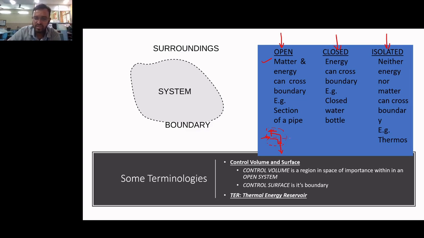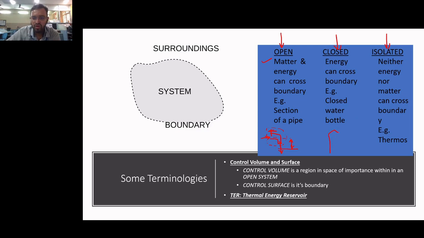Your tap is at this height, and it eventually comes down to this height. So obviously there is a change in energy level, right? Your potential energy changes to kinetic energy, isn't it? So there's mass as well as energy flowing across the system, correct? Then in a closed system, for example, you take a box or a bottle.